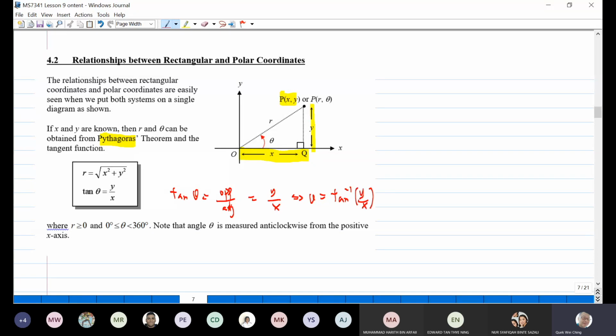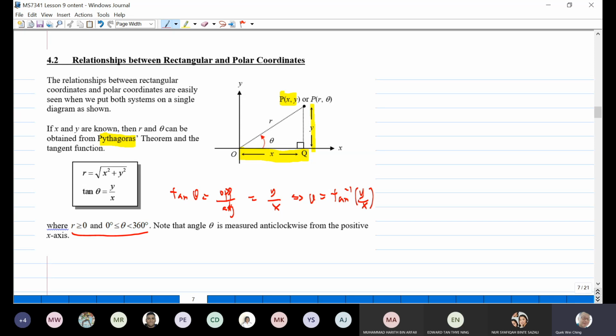However, before you do this, you must check the answer, because you have to know where x and y are, so that your angle is always between 0 and 360. Okay, and r will be greater than 0.